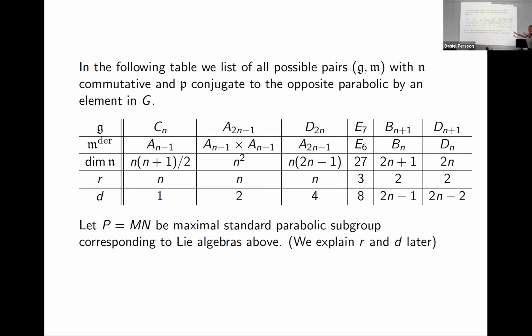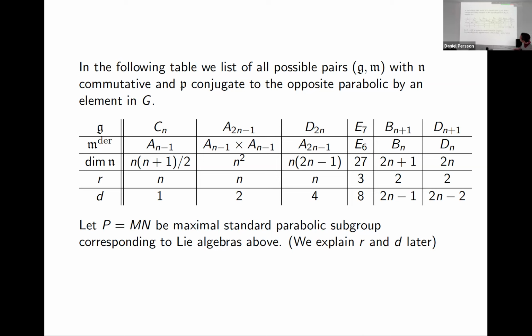Again, I will talk about them like they are orthogonal. So SO 2n plus 3, and you get a commutative nilpotent radical if you look at the GL1 times SO 2n plus. Okay. And these are the dimensions involved.